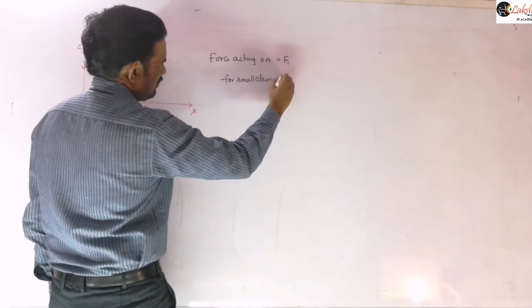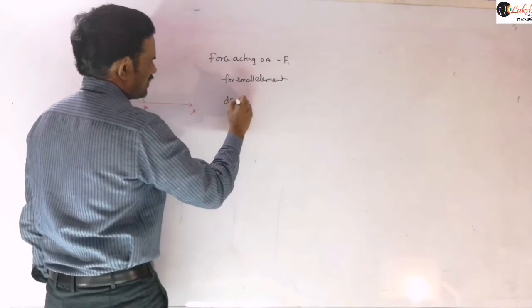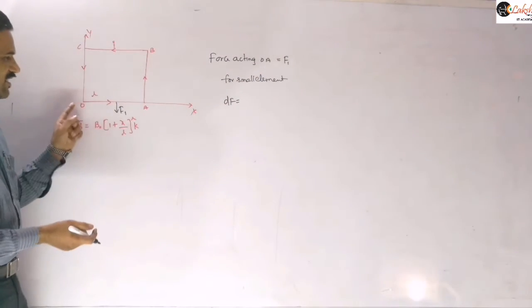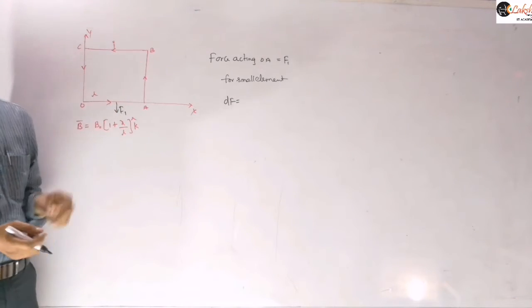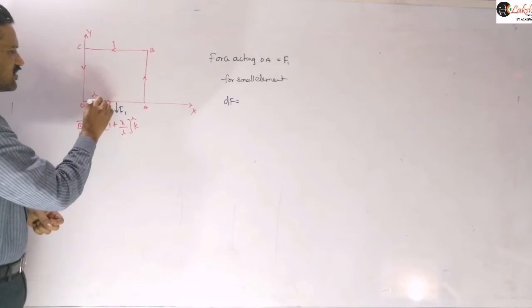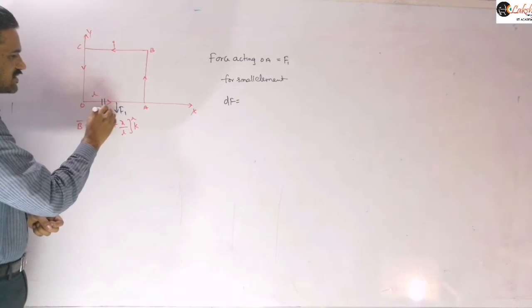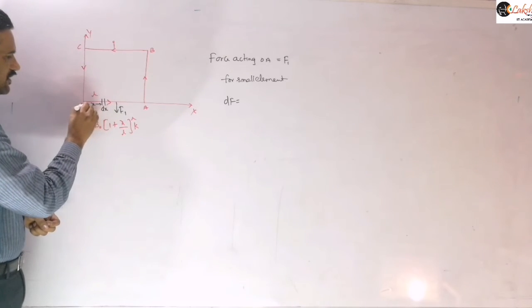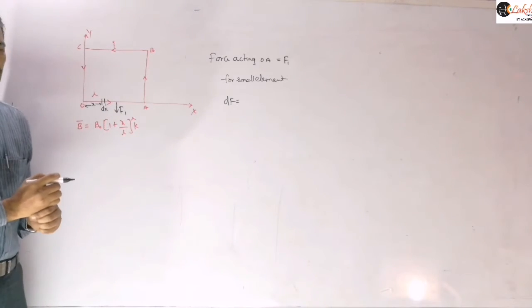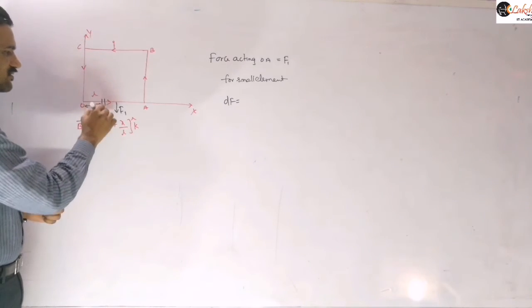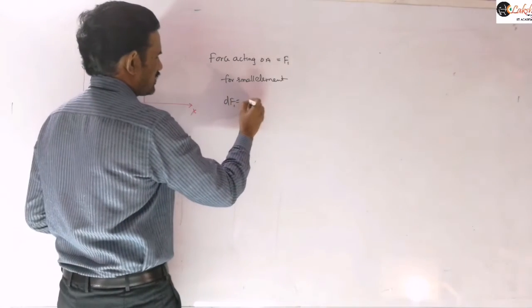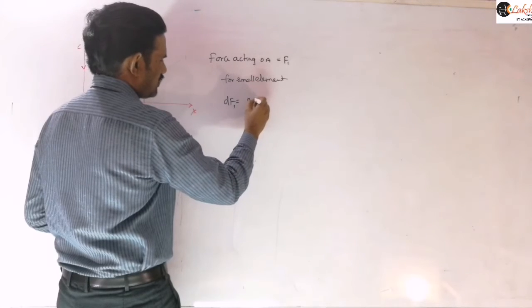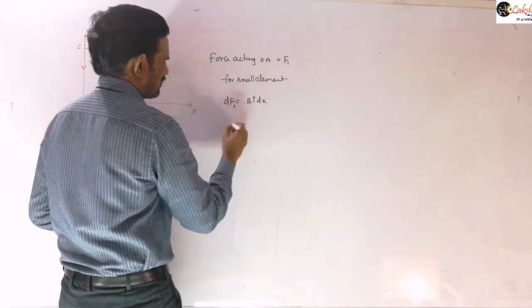Is it clear why I am taking this small element here? Because B is variable. The same magnetic field is not acting on this wire. So for different elements, different magnetic force is acting. Suppose I consider a small element dx at a length of x from this. Then the force acting on this element, dF, we can write as B into I into dx.